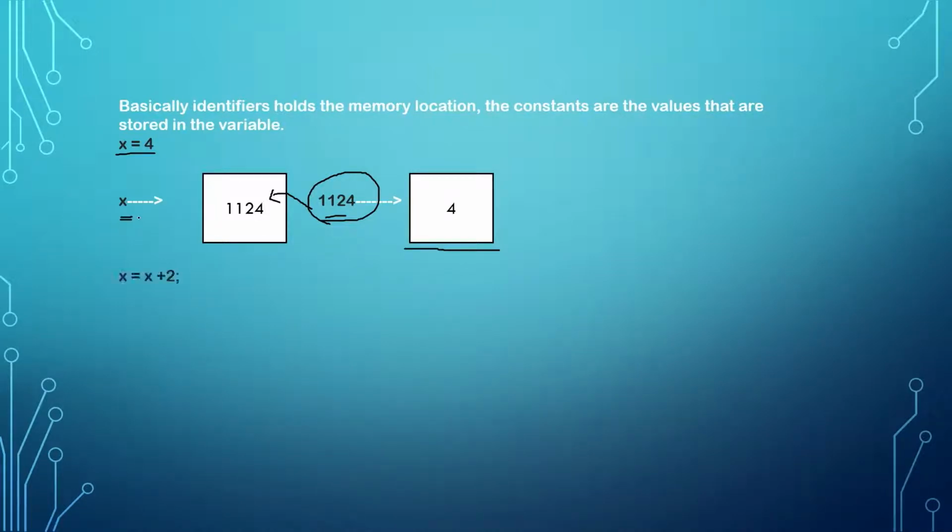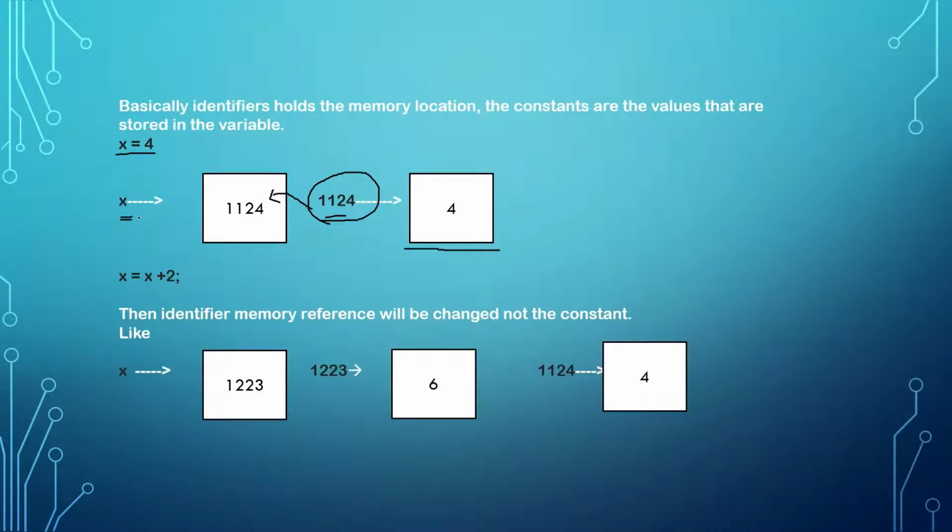When you increment the value of x, now x will have the value 6. This 6 will be stored in some other location, for example 1223, and this location address will be stored in x. But the location 1124 remains the same.